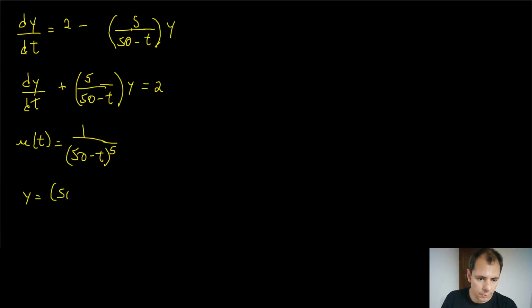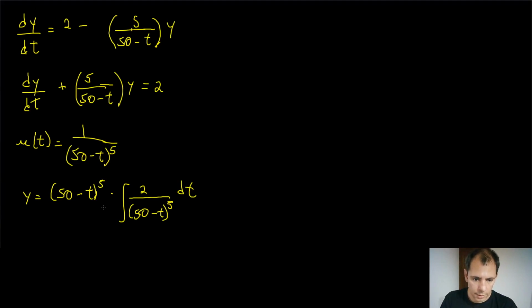It's gonna be (50 minus t) to the 5 times the integral of 2. So I can put this 2 here because it's a constant, right? 2 times this thing times u of t, okay? So it's gonna be 1, oh, actually I can put the 2 inside, so it's gonna be 1 divided by (50 minus t) to the 5 dt.